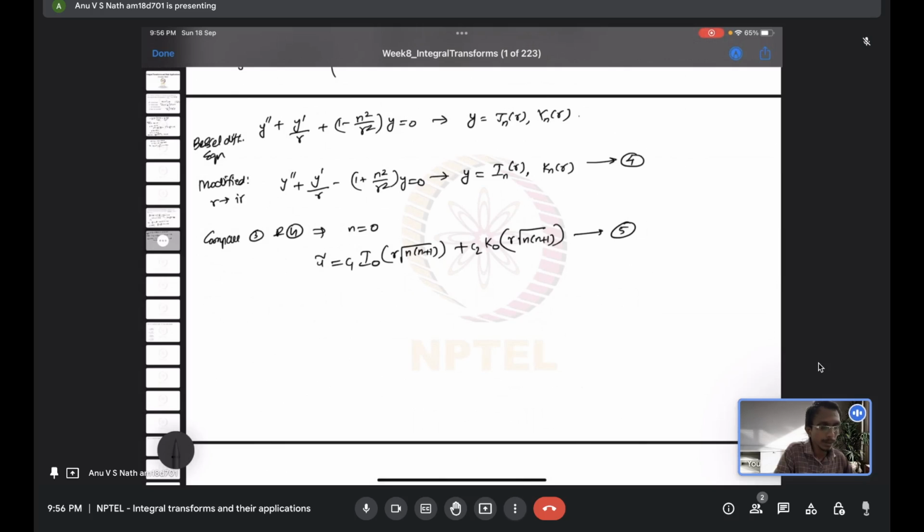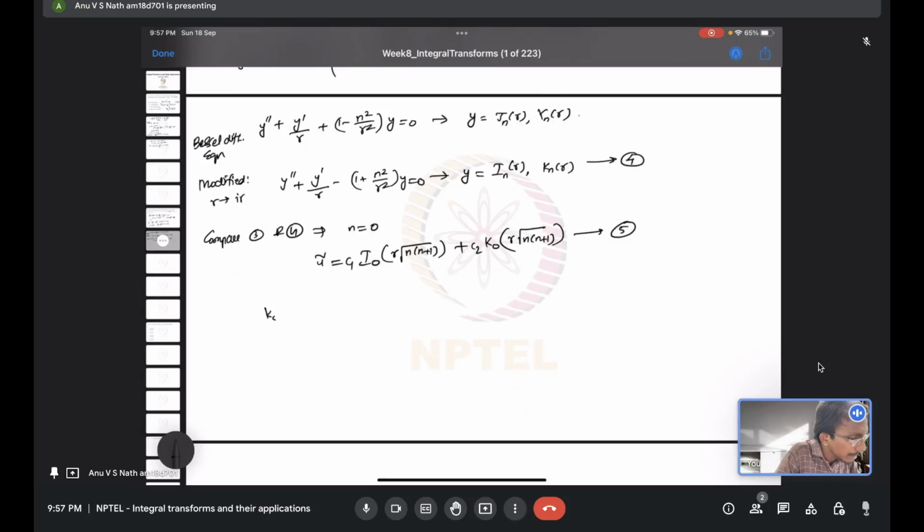So at r equal to 0, it should not be unbounded. Why it is important here is that of the solutions I0 and K0, one of them is actually a bounded quantity at r tending to 0. Another one is a logarithmically divergent quantity when r tends to 0. So you see Bessel K is divergent when r tends to 0, and I is not divergent.